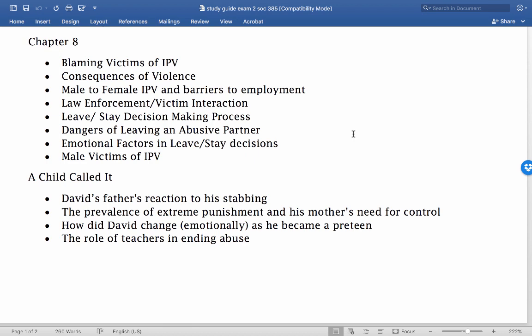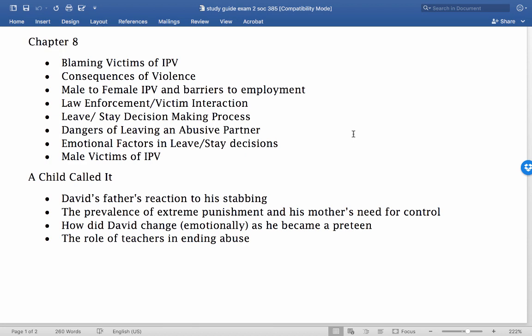Those kinds of things. By professionals, oftentimes, like we're talking about how even with shelter workers, 14% of them thought that women asked for it in some regard, which is frightening. And then by themselves, right? Oftentimes, people that are the victims of this kind of violence turn this inward and start to blame themselves for being in that situation.